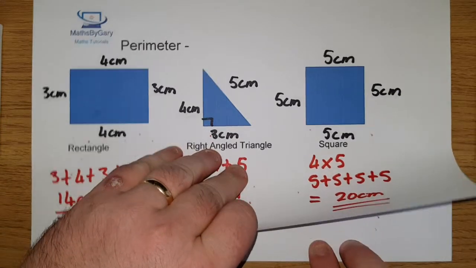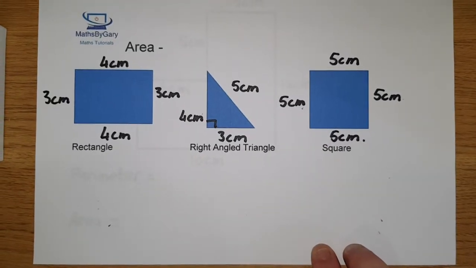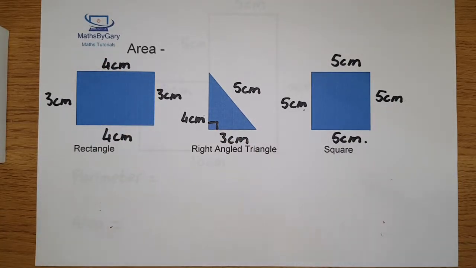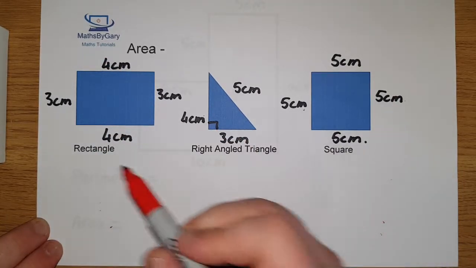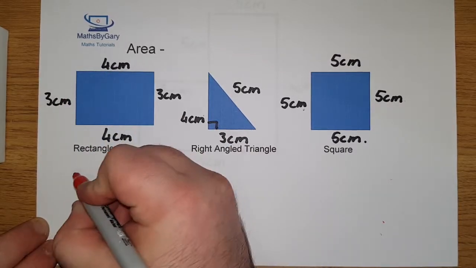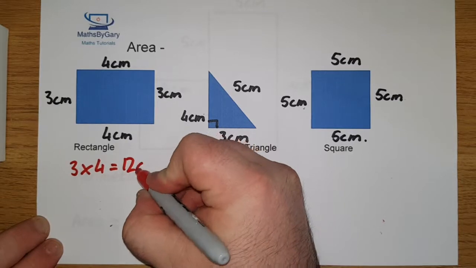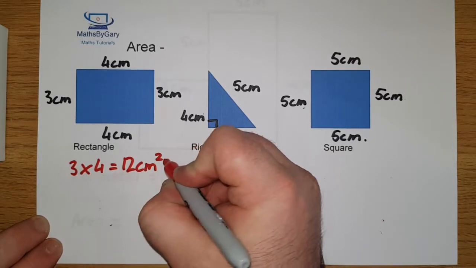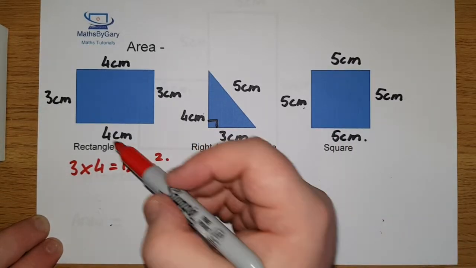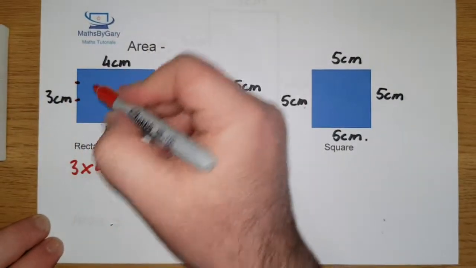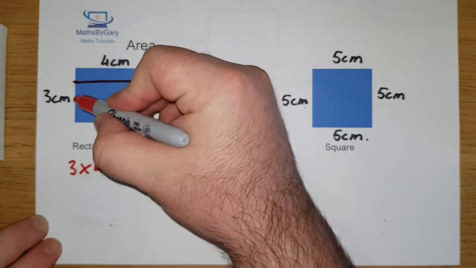Let's now move on to the area. We did the area of the rectangle in the first slide, but let's take a look at it again. It's 3 times 4. 3 times 4 gives us 12, and remember that's centimetres squared. What we are really doing is splitting it into boxes.